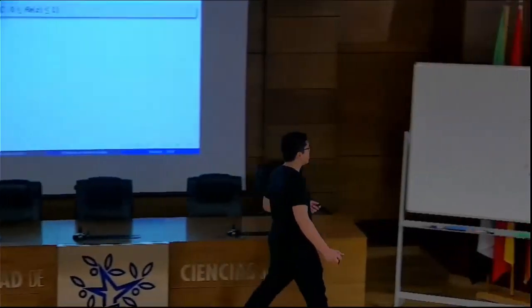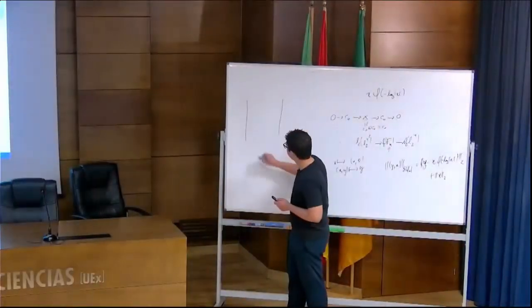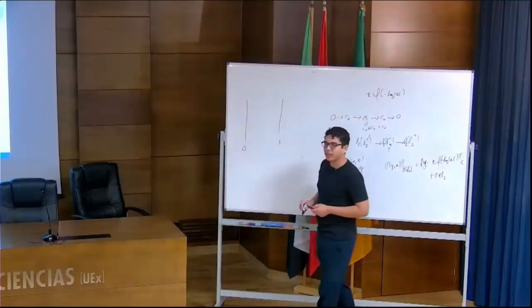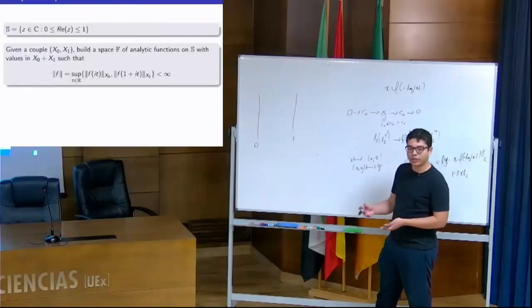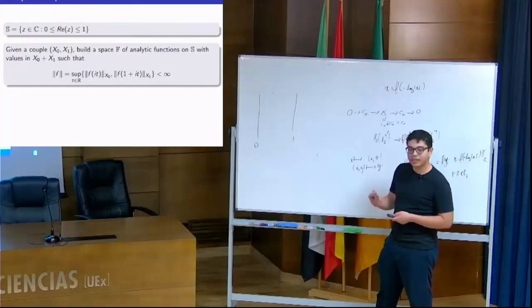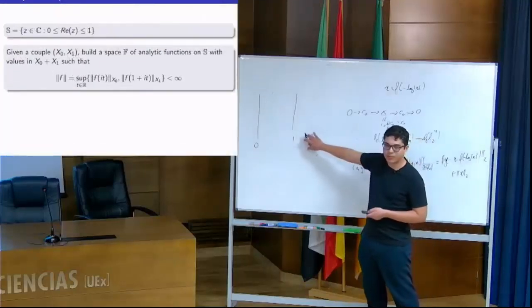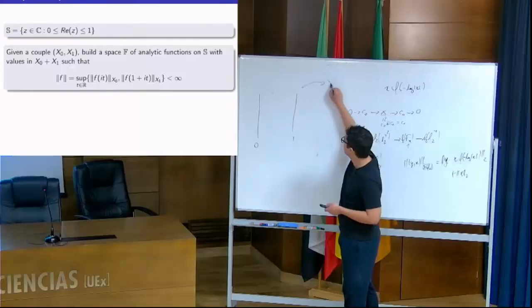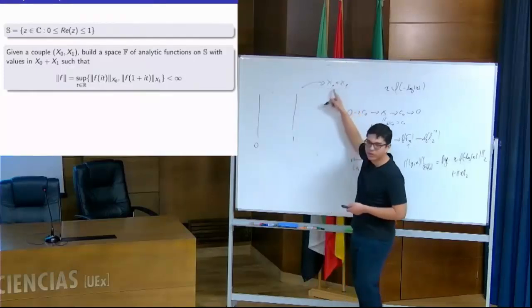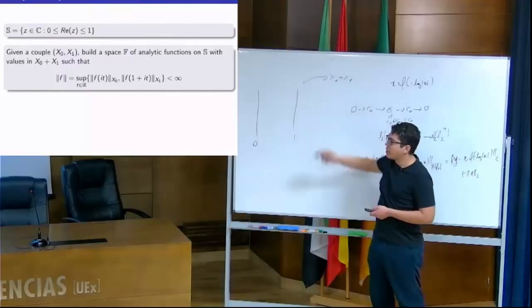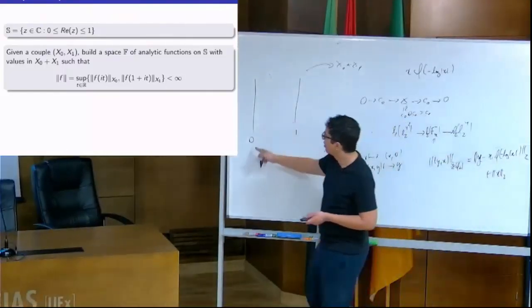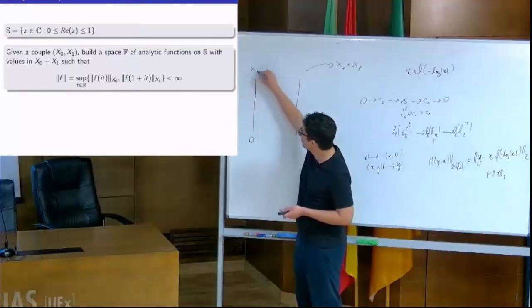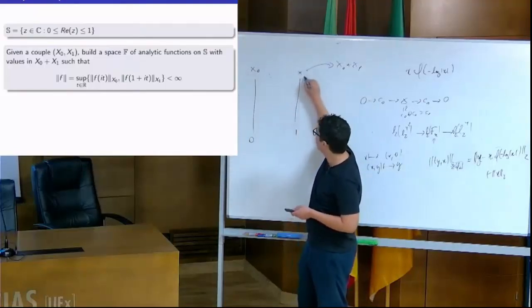So define the strip in the complex plane of numbers with real part between 0 and 1. And you have a couple of spaces which you want to interpolate, okay? And you consider a space of analytic functions defined on this strip. And they go to the sum space, which is a space that contains both X0 and X1. And among many properties that you want for the functions in this space, you want that the points here take you to X0, and the points here take you to X1.